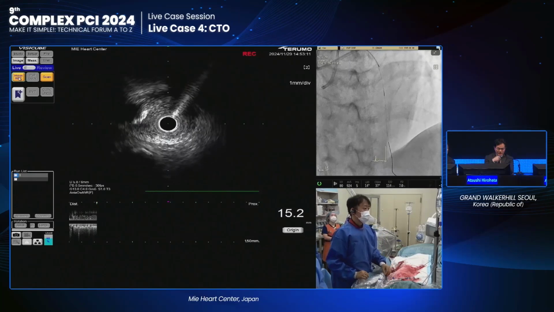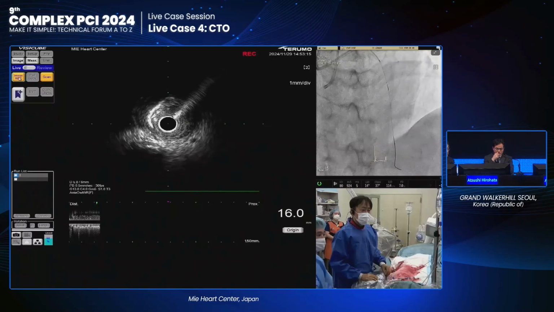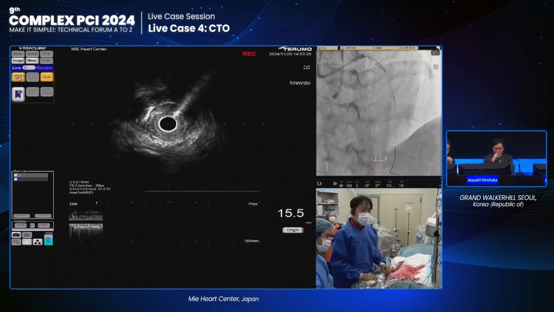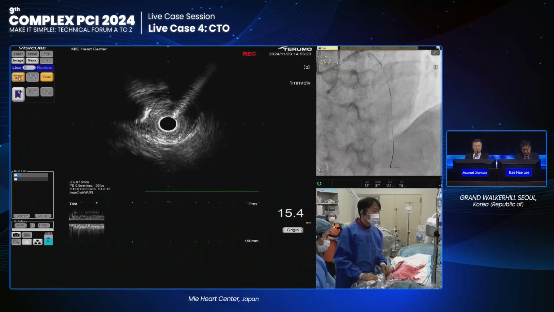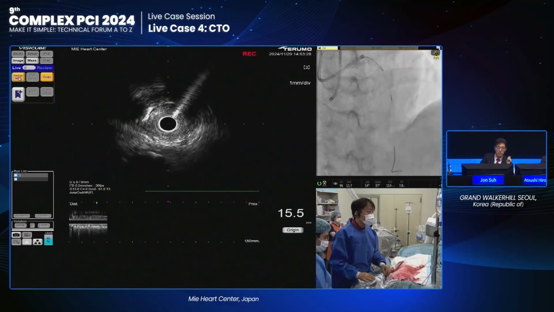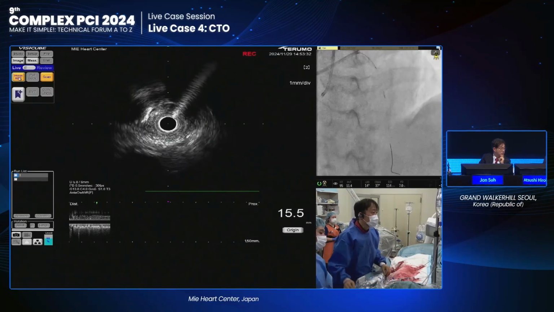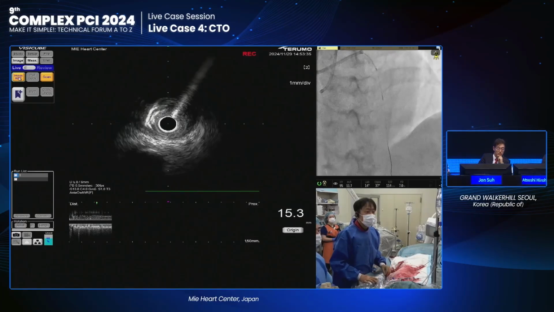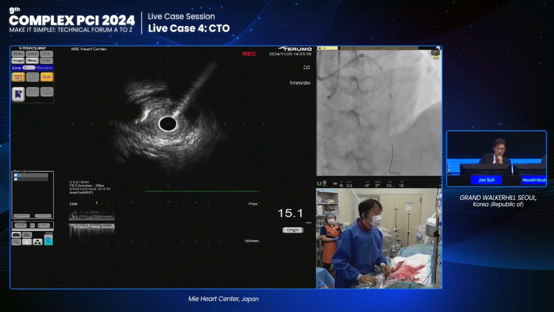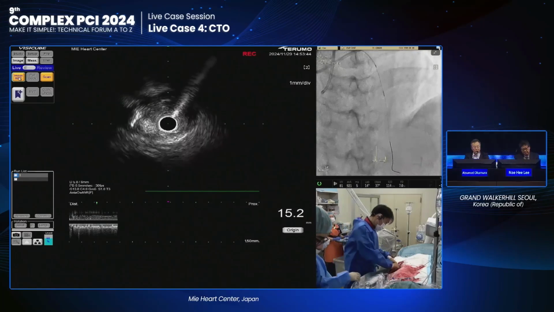You can see some blood flow or contrast remaining in the diagonal branch. Is it flow or dissection? I think it's no dissection because we dilated only with the 1.0 balloon. Maybe only a tight stenosis of the ostium of the diagonal branch. And the distal part seems to have negative remodeling. The problem is the ostium of the diagonal branch.